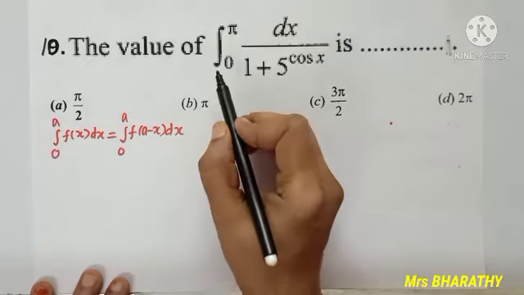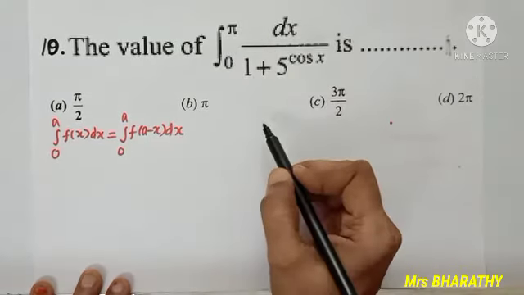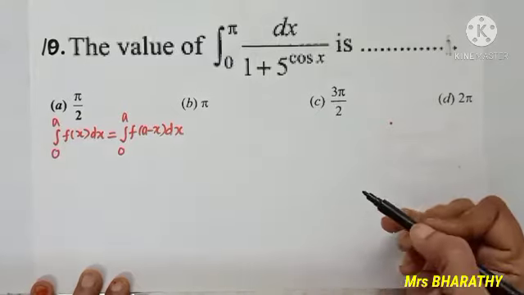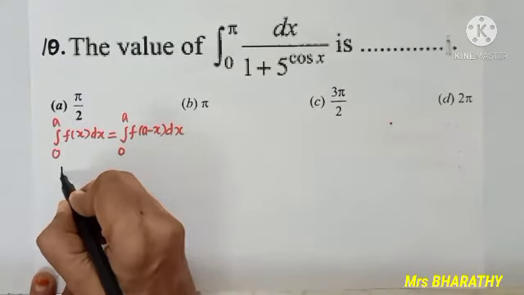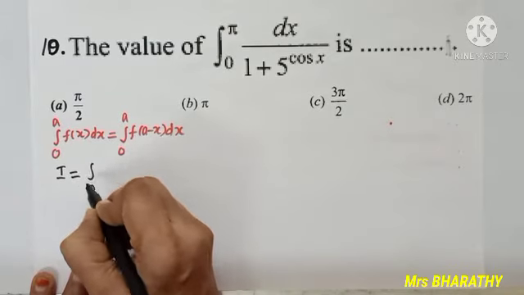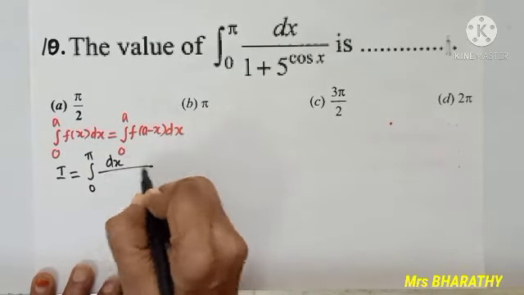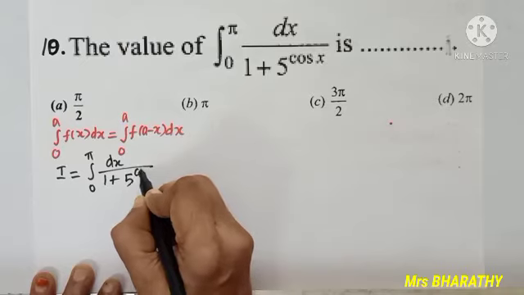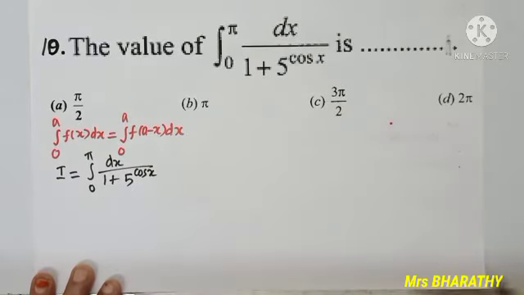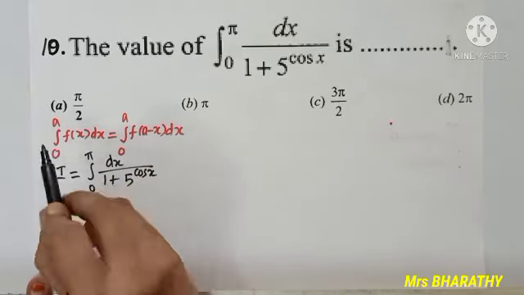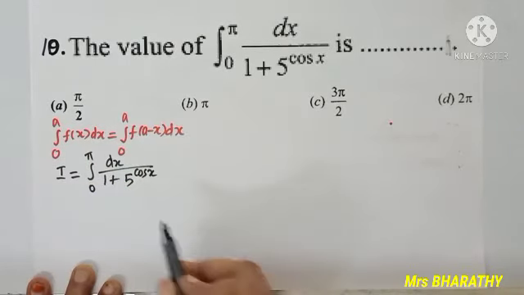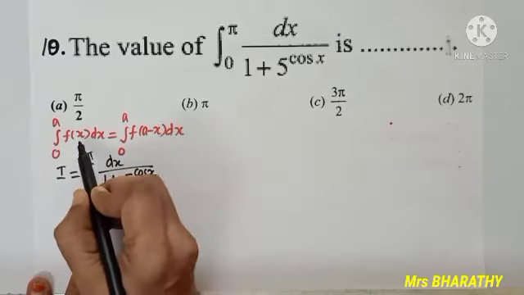Question number 10. The value of integral 0 to pi dx by 1 plus 5 power cos x. The given question let us call I. Integral 0 to pi dx by 1 plus 5 power cos x. We recall the definite integral 0 to a can be rewritten with x replaced by a minus x.